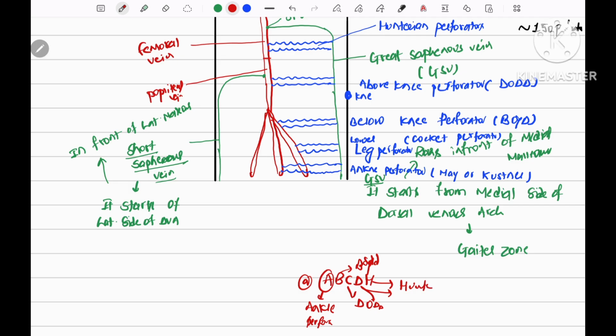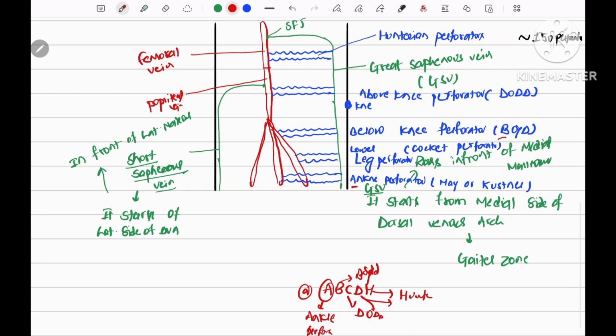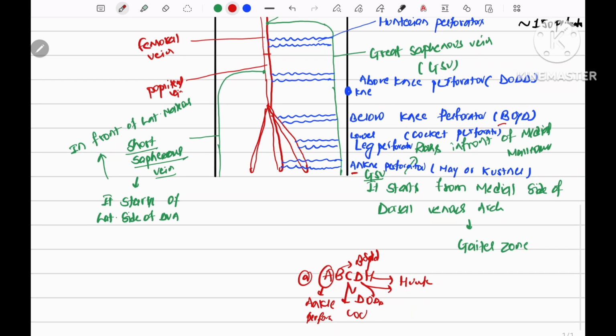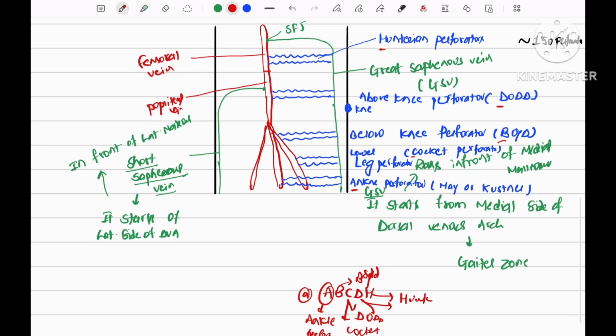So in this way we can remember. A for ankle perforator, B for boyd, C for cockett, D for dodd, and H for anterior. Sometimes we forget which one is above knee and which one is below knee. So the below knee perforator is the boyd perforator, B for B.